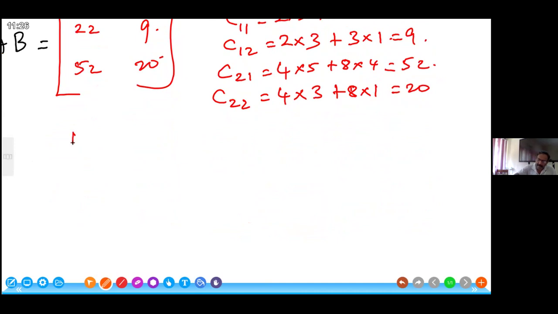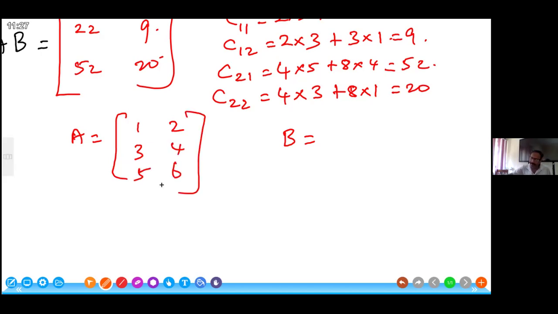Right. I will write down two matrices. Can you give the answer? So this is 1, 2, 3, 4, 5, 6. And 3, 4, 5, 6, 1, 2, 0. So here this is 3 into 2.